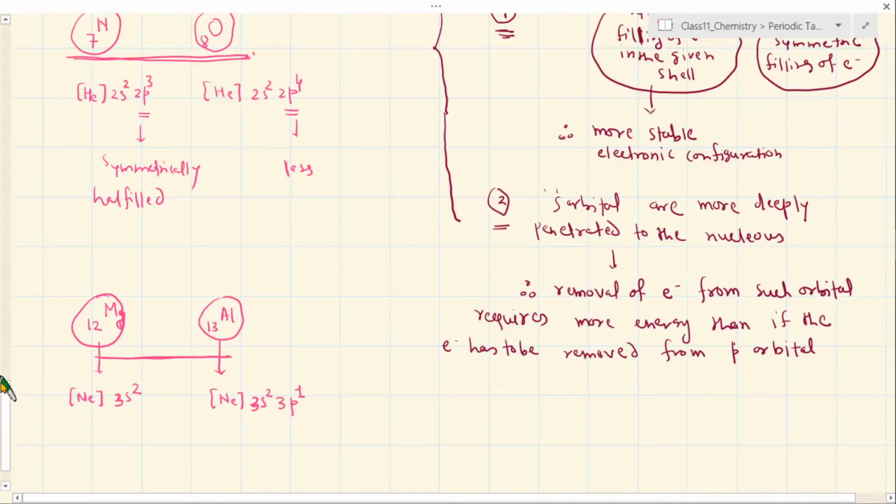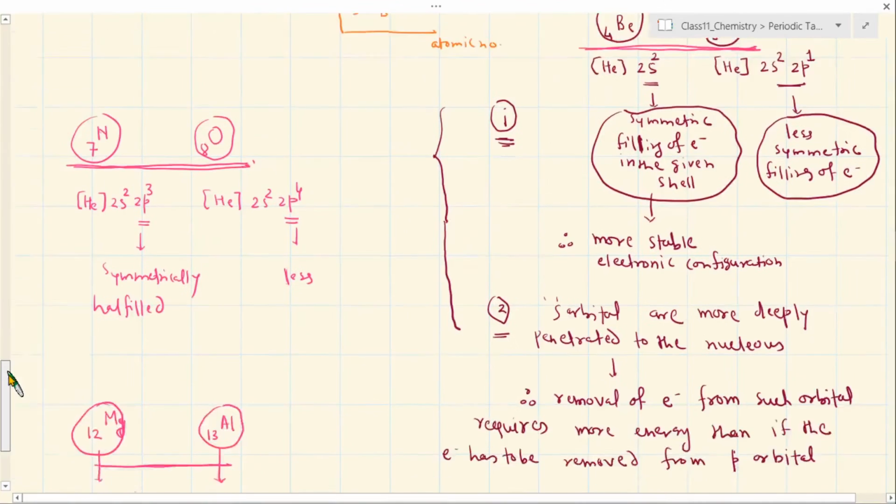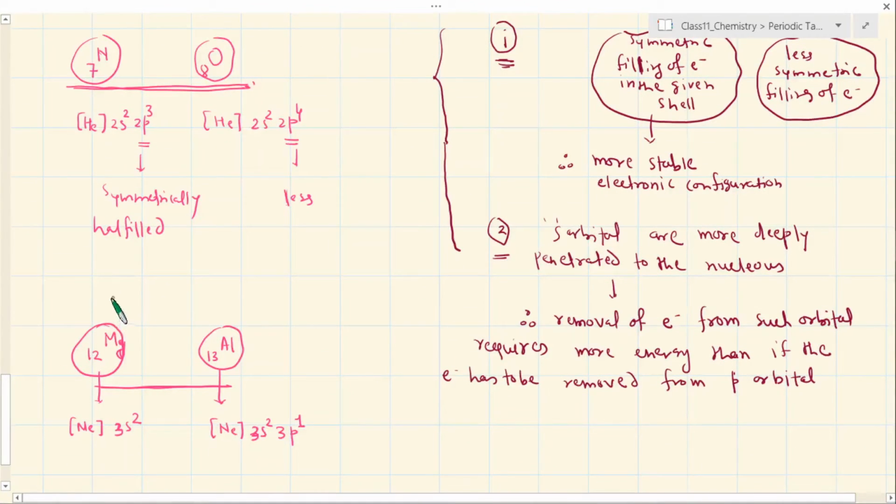So it will be a similar explanation as we have just given for boron and beryllium. Here also the IP of magnesium is greater than the ionization potential of aluminium, which also is against the trend. So you have to be able to give your reason.